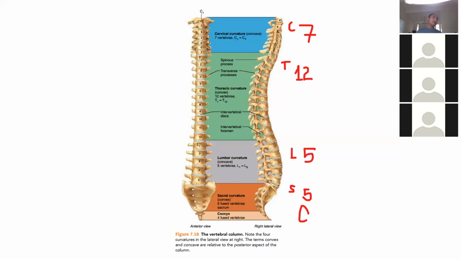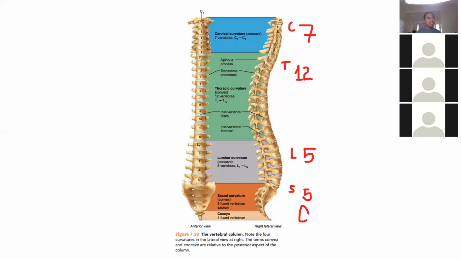So the cervical spine, as you know, the whole spine is made of multiple individual vertebrae, one vertebra on top of another, that makes the whole cervical spine. In the cervical spine, we have 7 vertebrae.